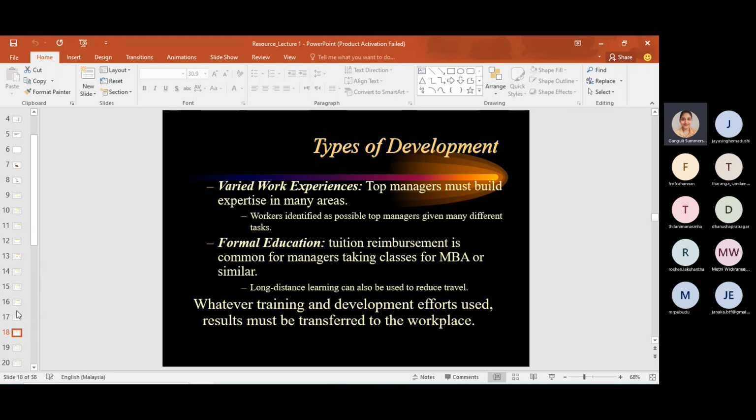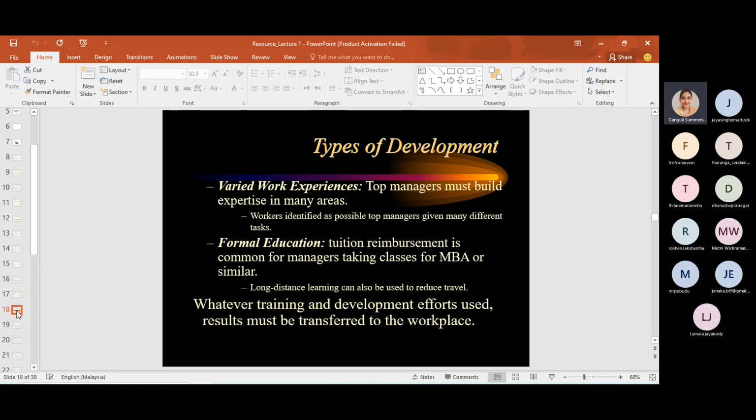Okay, so whatever training and development efforts used, results must be transferred to the workplace. So what is the purpose of providing all these trainings and developments to people? To make them skilled so that you can get good results in your organization, right?